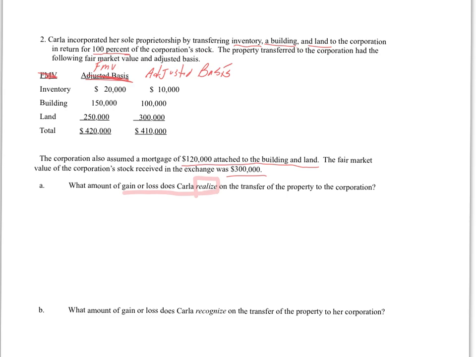So what do we always have to look at? Well, first, we have to look at the fair market value of what she receives. And we're told that the fair market value of what she receives is $300,000. Okay? Now, what also does she get? Well, she gets debt relief. Right?